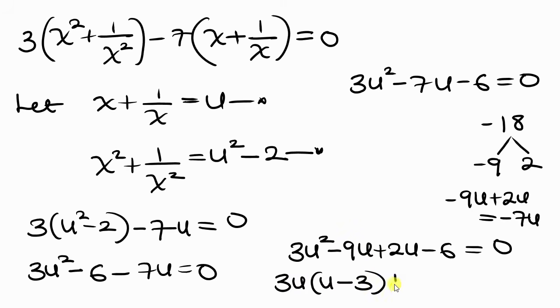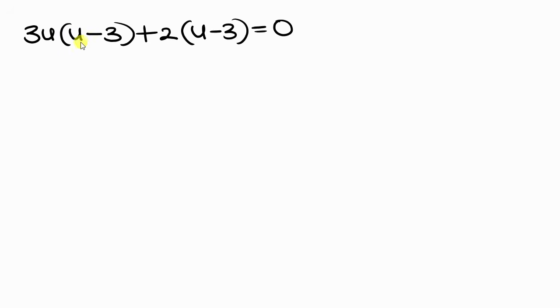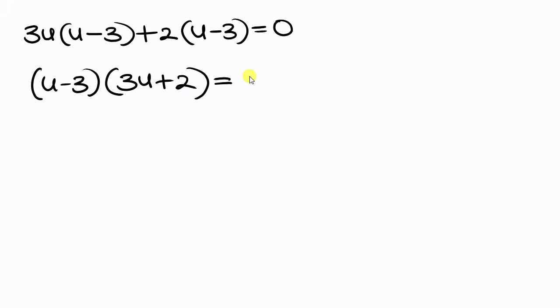And then plus, now 2 is common here, so factor out 2. Now, this divided by this is u, minus this divided by this is 3, and this is equal to 0. And since u minus 3 is common, we bring that out: u minus 3 times 3u will remain here, 3u plus, now 2 will remain here, and this is equal to 0.